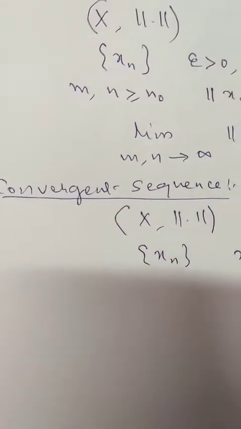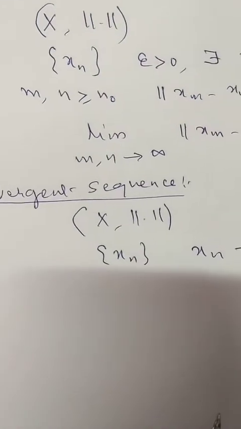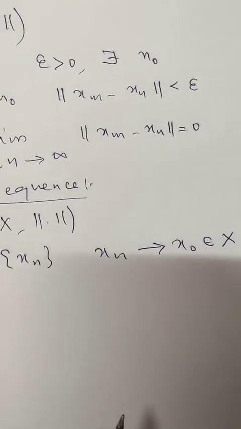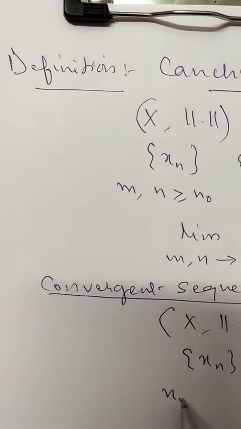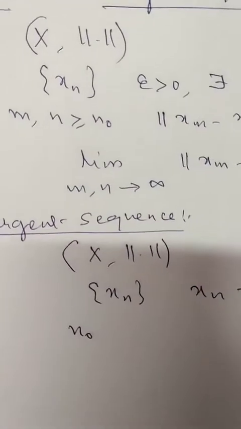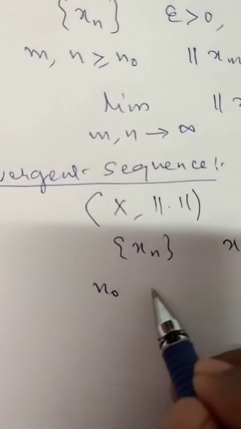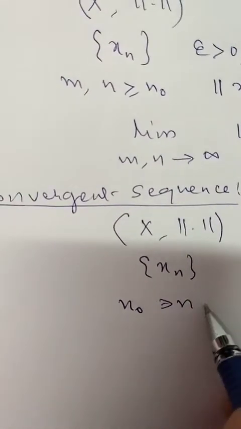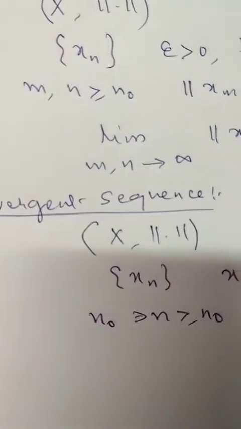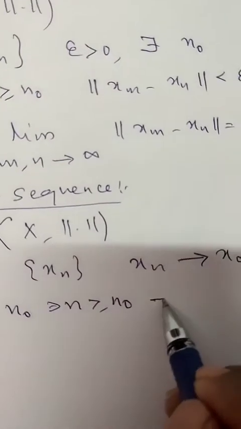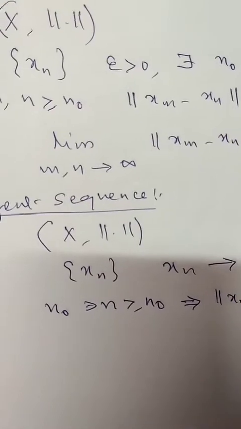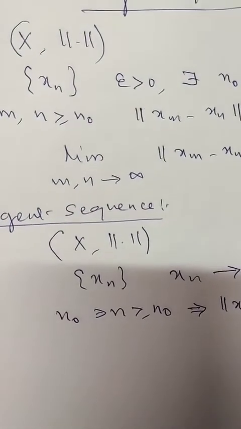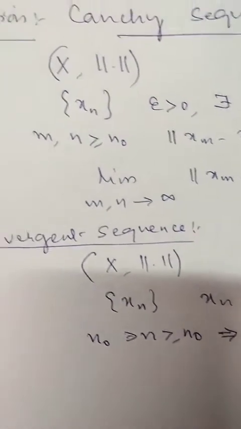if, given epsilon positive, there exists a positive integer n naught such that n greater than or equal to n naught implies the norm of xn minus x naught is less than epsilon.